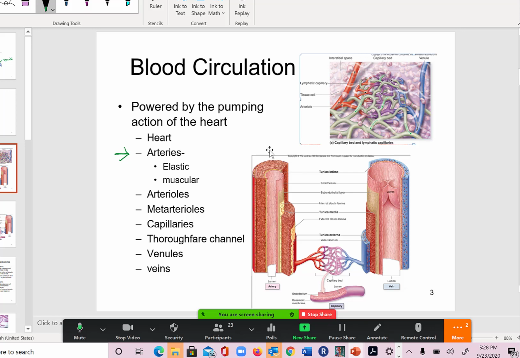I will also explain what a thoroughfare channel is in a capillary. And then we'll go back toward the heart. We're going to go to venules and then veins. And after veins would be the vena cava, that dump the blood back into the right atrium of the heart. So we're going to go in order, away from the heart, back to the heart.